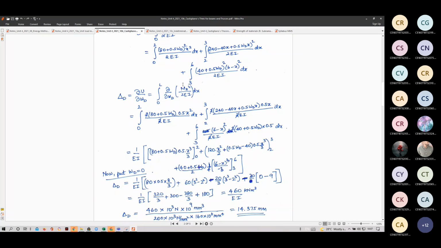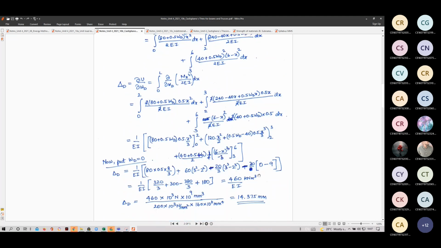Moment square will be kilonewton square meter square, divided by load. Load is coming in the denominator. So the numerator will be kilonewton meter square, and we are integrating with respect to x, so kilonewton meter cube. This you should remember.